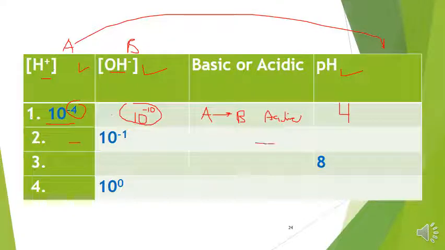Next example. Now I'm going to give you the amount of base: 10 to the minus first. You have to figure out the acid amount, and the rest. First, figure out how much acid. What times 10 to the minus first gives me 10 to the minus 14th? 10 to the minus 13th. Which number is bigger? Well, minus 1 is bigger than minus 13, so this is basic.